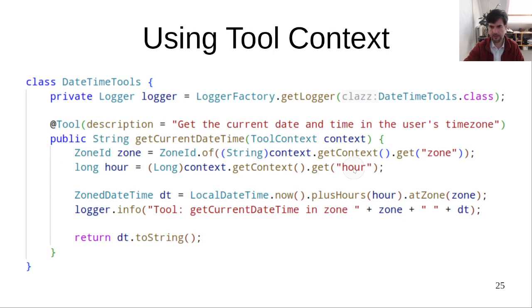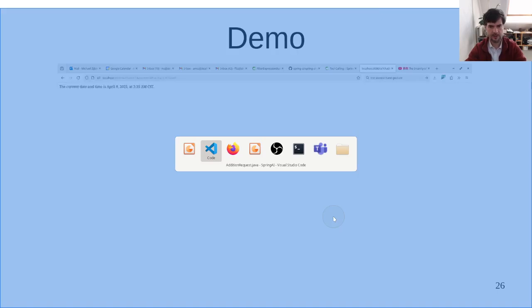And I pull out the hour, turn it back into a long, and so I get the hour. And then I say LocalDateTime.now plus hour 7. There was a 7-hour time difference at zone. And so now it will give it to me correctly based on this extra information that I'm passing into the tool.